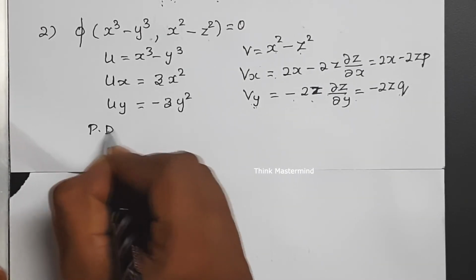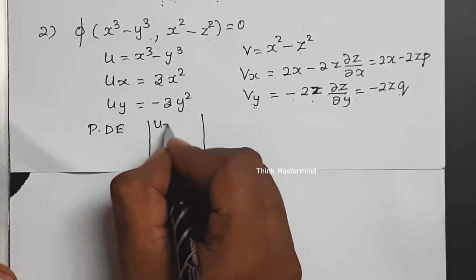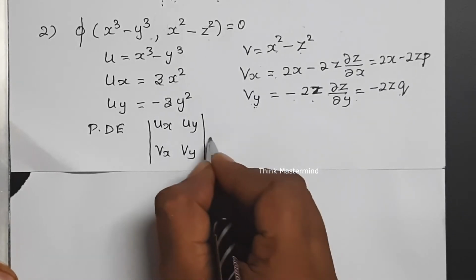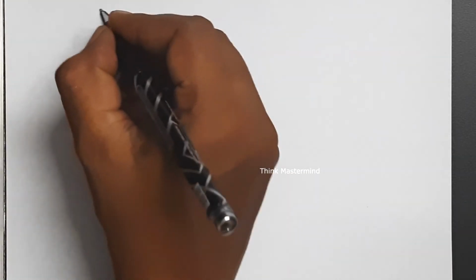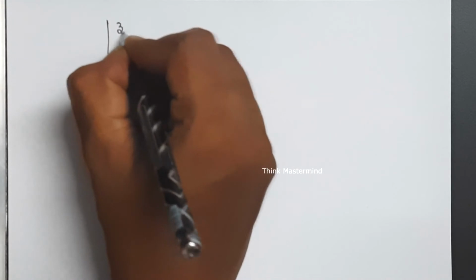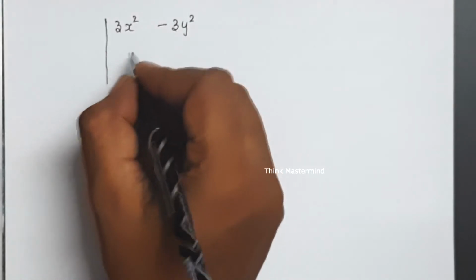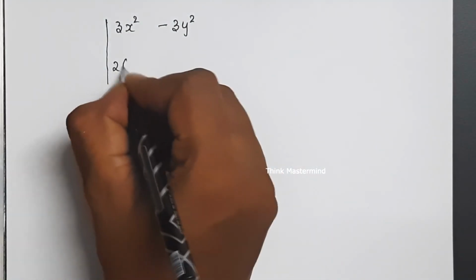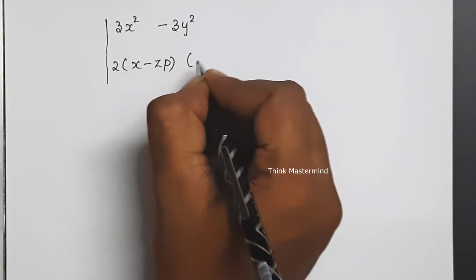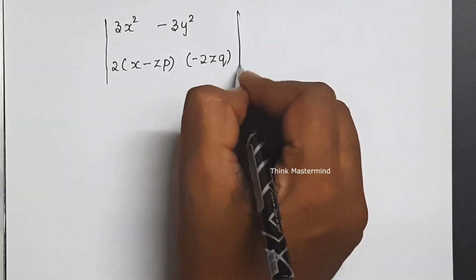Therefore the partial differential equation is the determinant of ux, uy, vx, vy is equal to 0. In the place of ux you substitute 3x squared, uy is minus 3y squared, and in vx taking 2 common, that is x minus zp, and vy is minus 2 times zq, is equal to 0.